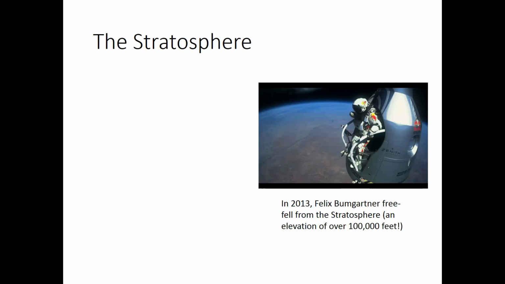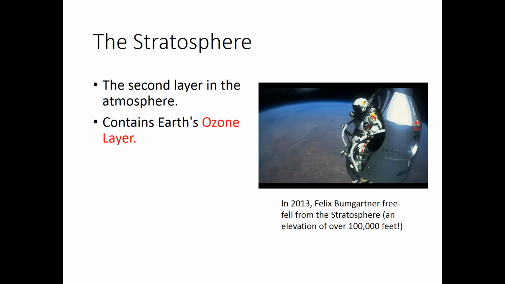The stratosphere is the second layer in the atmosphere, so it's just above the troposphere. And it has one very important characteristic: it's where our ozone layer is. So that makes the stratosphere very important. Now, as I mentioned in the previous lecture, our ozone layer blocks harmful UVB and UVC radiation from reaching the surface of the Earth.